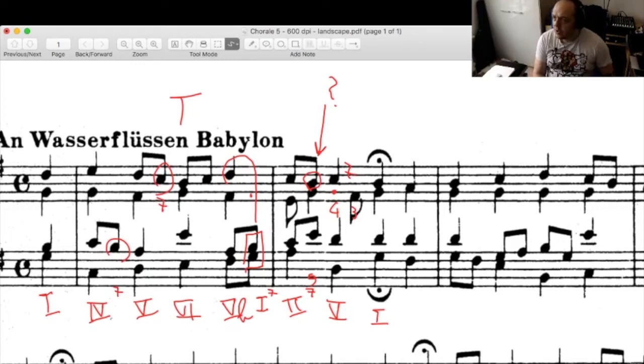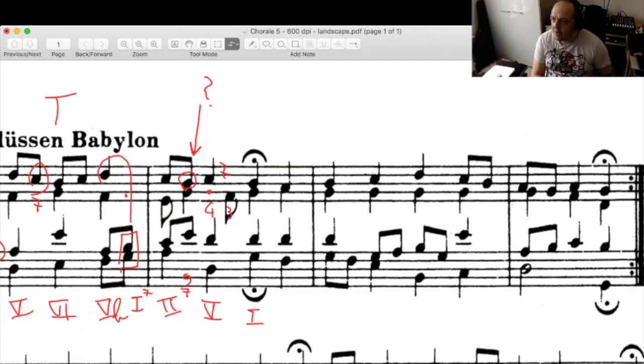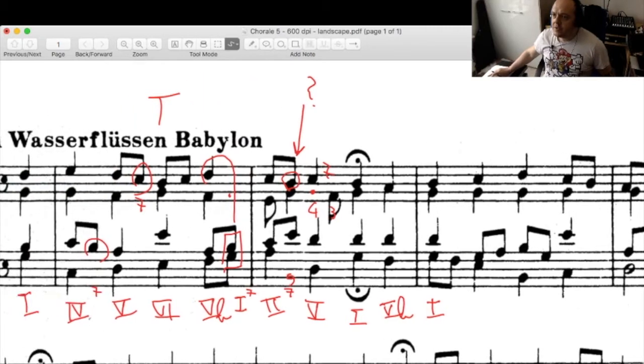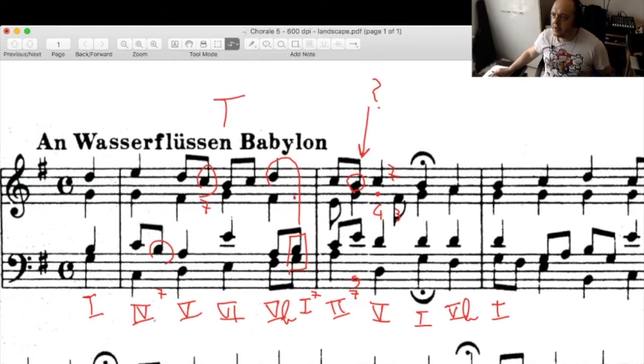Goes to the tonic, still open, because I have the 3rd in the melody. 5. Chord 5, first inversion on chord 1. Okay, let me see if I see anything strange. No, I don't see anything strange.